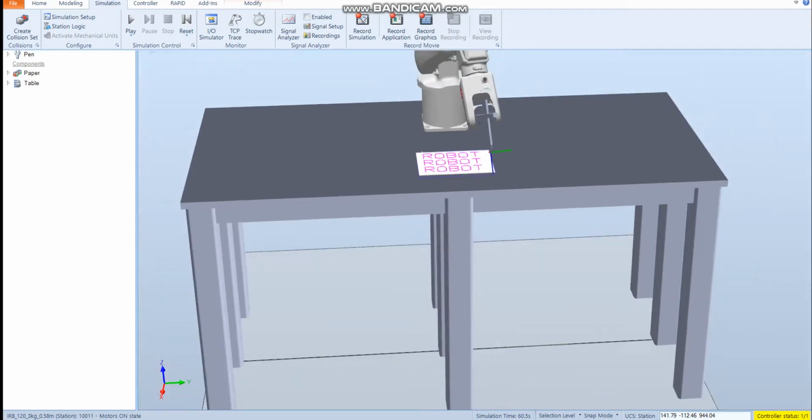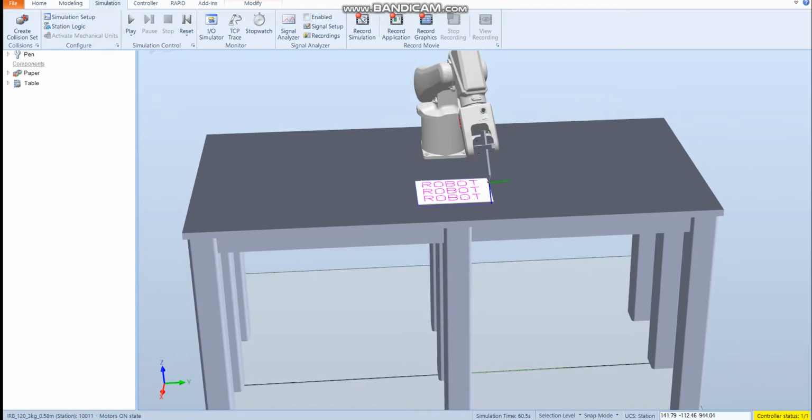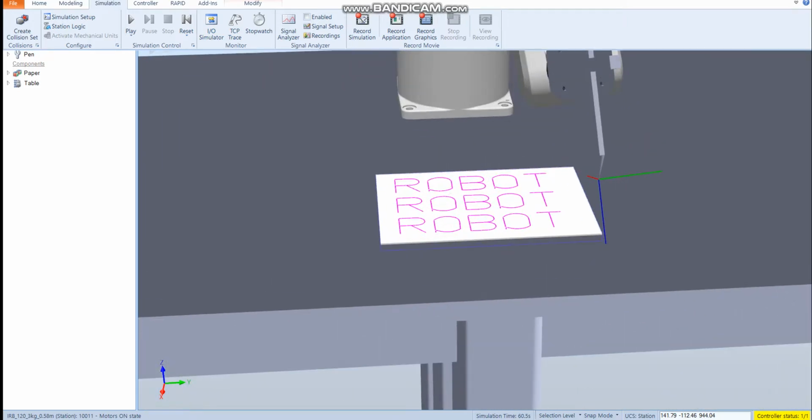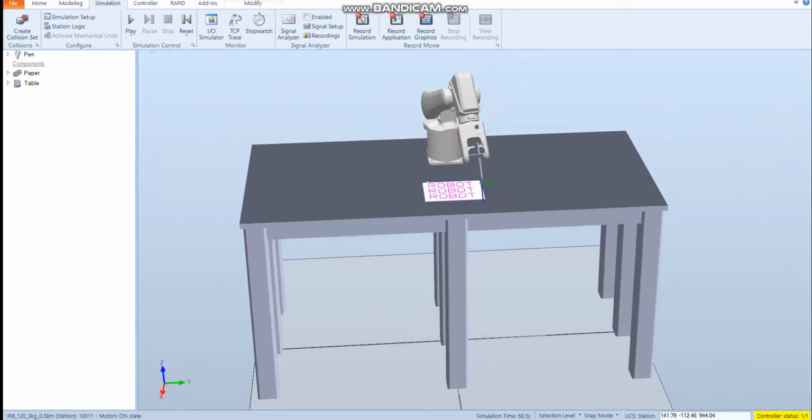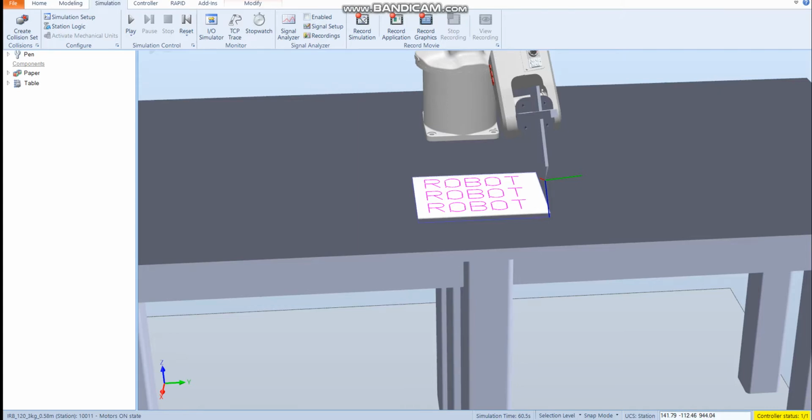So in this task, the user of the robot has a choice of writing any alphabet he wants, or writing the full word robot any amount of desired times he also wants to. So assuming the user decides that he wants to write the letter O, the O doesn't necessarily have to always be between B and T, or always have to be between R and B. The O should always start at the beginning here where the arrow position is.